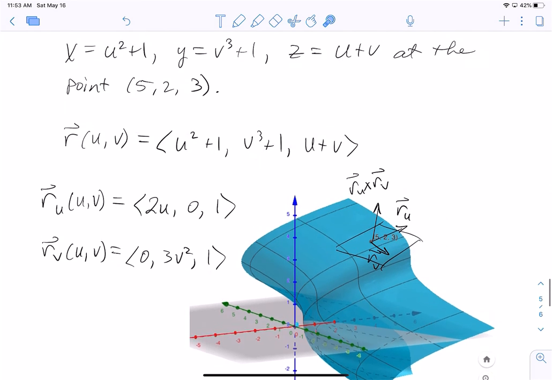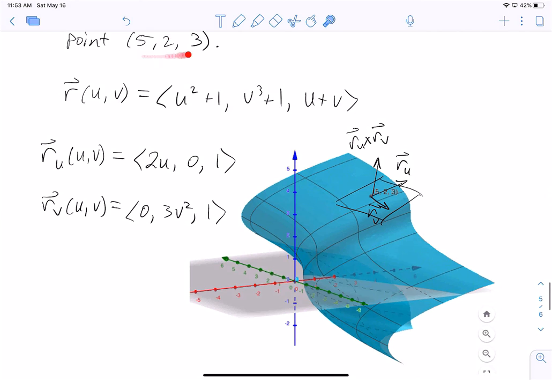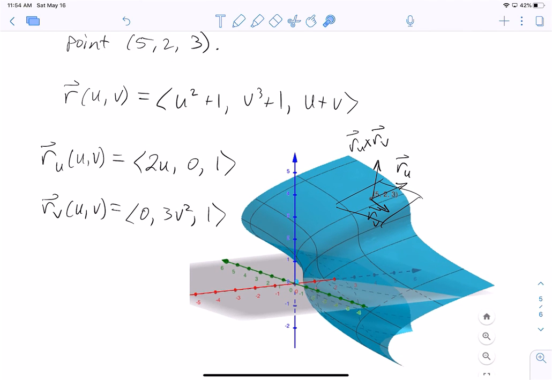Now we were given this point. The point is (5, 2, 3). But it's up to us to figure out what values of u and v correspond to (5, 2, 3), because look, our partials only take in u and v, so we need to know what u and v are. Well, 5 must equal u squared plus 1, and 2 must equal v cubed plus 1, just equating the x component of r with the x coordinate of the point, and the y component of r with the y coordinate of the point.